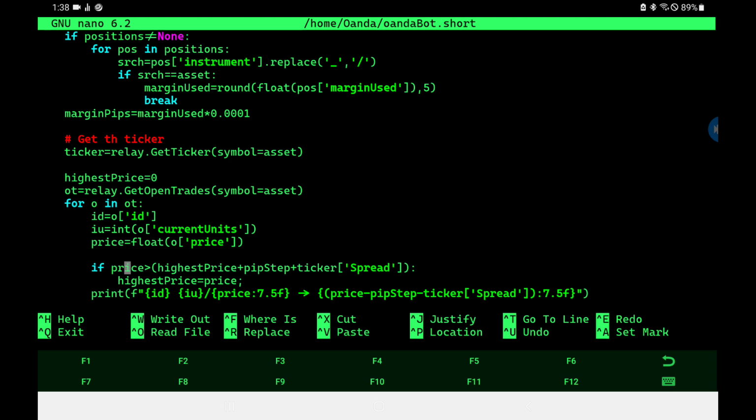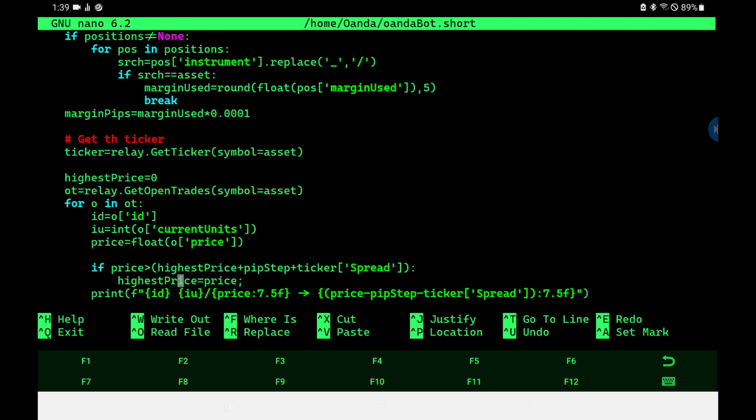And since we're looking at what we've already purchased, the highest price marker needs to be this situation. So if in fact the price of this position is greater than the highest price plus the pip step plus the spread, then we adjust the highest price. We make sure the highest price is indeed the highest.